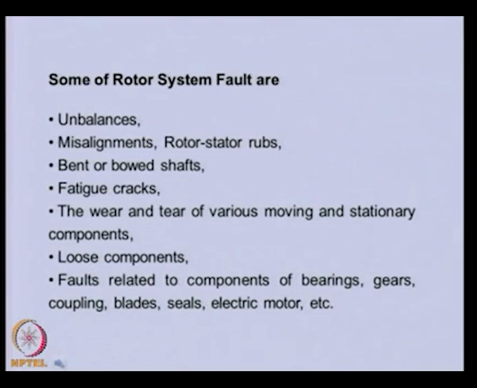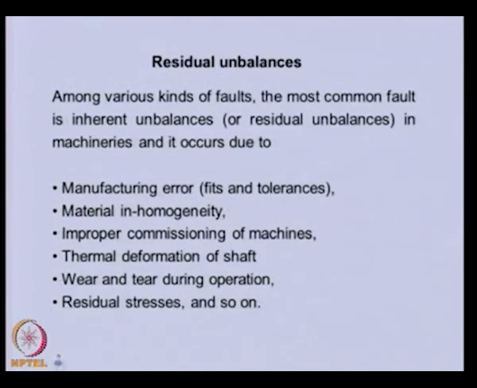We will focus on unbalance, and the inherent unbalance we call residual unbalance. This is the most common fault amongst the various kinds of faults, and it occurs because of a variety of reasons like manufacturing error, and fits and tolerances which we give in various machine components.